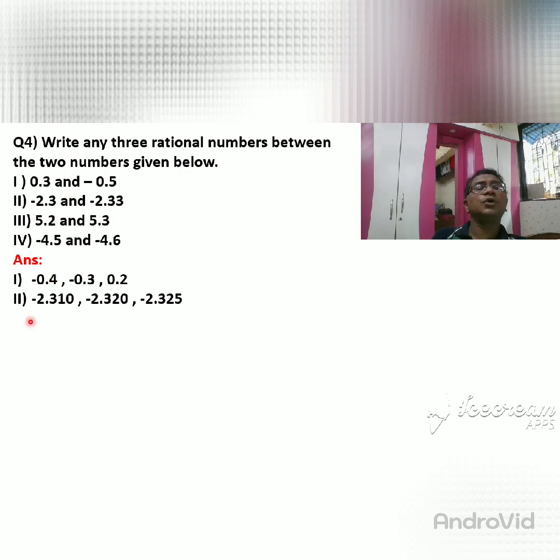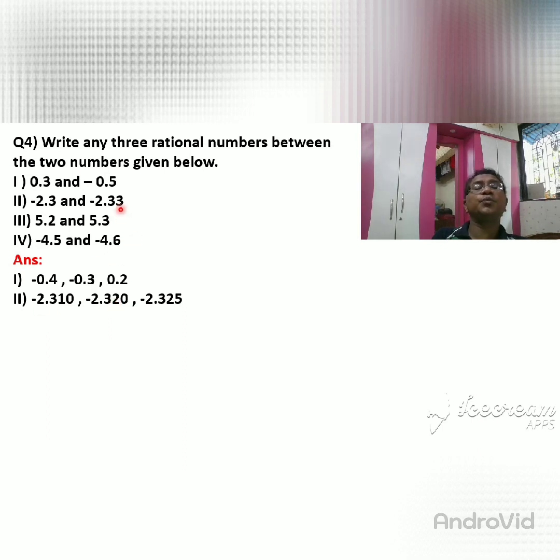-2.310. If you take 0 or do not take 0, no problem. If you take -2.31, remember that. -2.31, then -2.32, here is -2.310, -2.320, and which number is here?